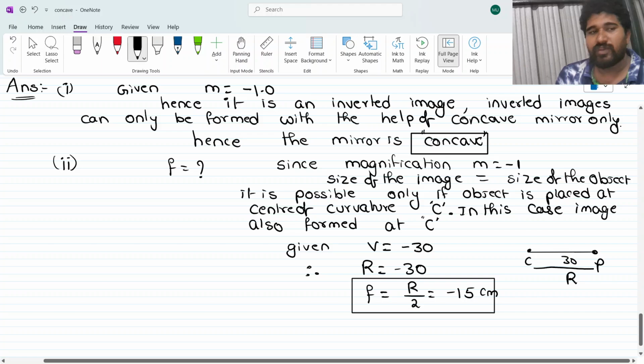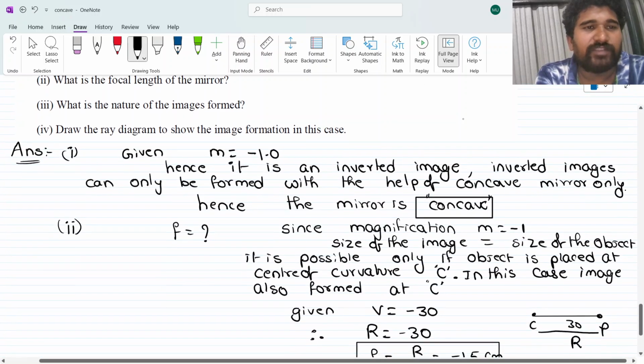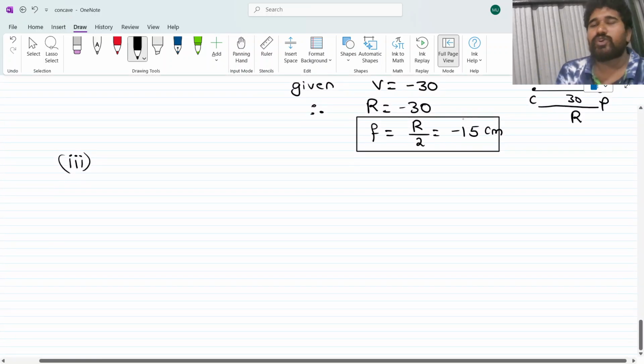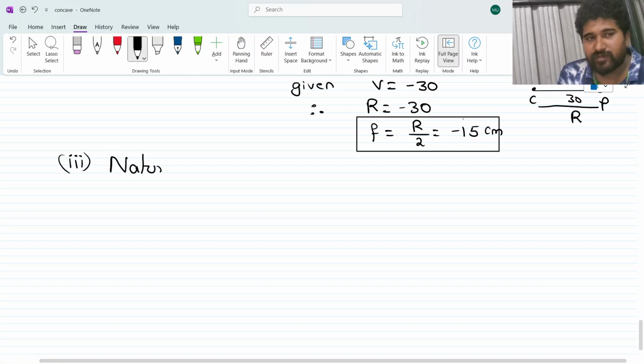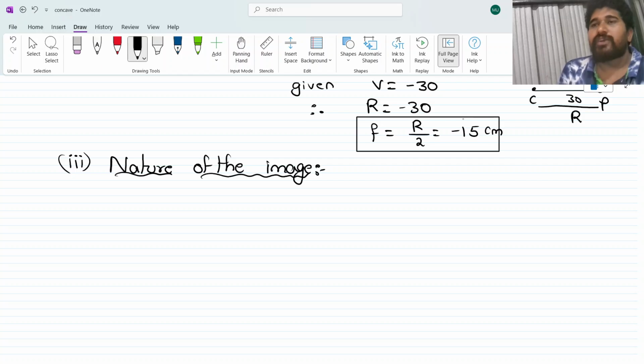Now, what is the third part of the question? What is the nature of the image formed? So, nature of the image we will write. Tell me one thing. Is it real or virtual?